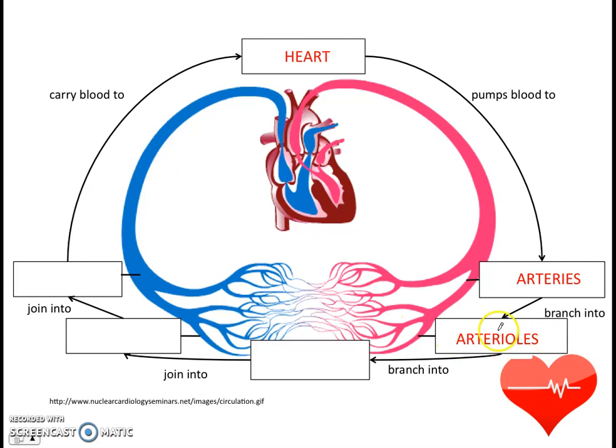So these are like mini arteries. Okay, so the arteries branch out into arterioles, and the arterioles themselves then branch out into capillaries. Now it's at the capillaries that there's interaction again with the tissue cells. So that's where the tissue cells will exchange substances with the capillaries, including oxygen. So for example, oxygen will move out from the capillaries to the tissue cells in the body.